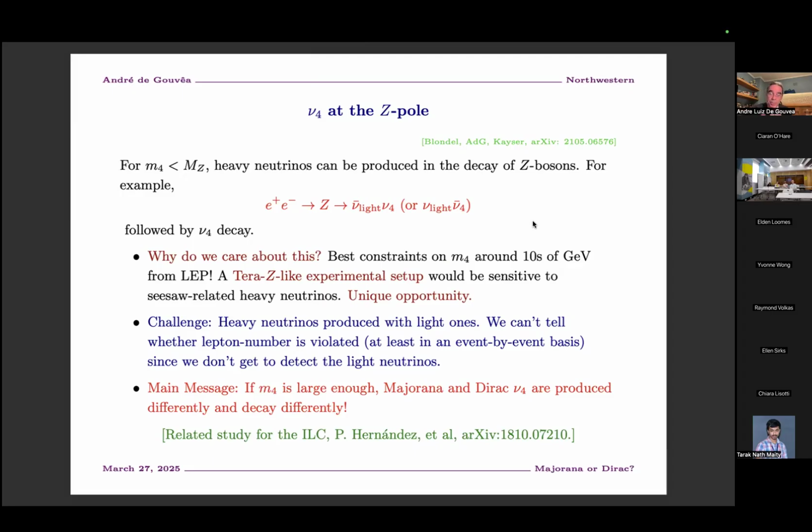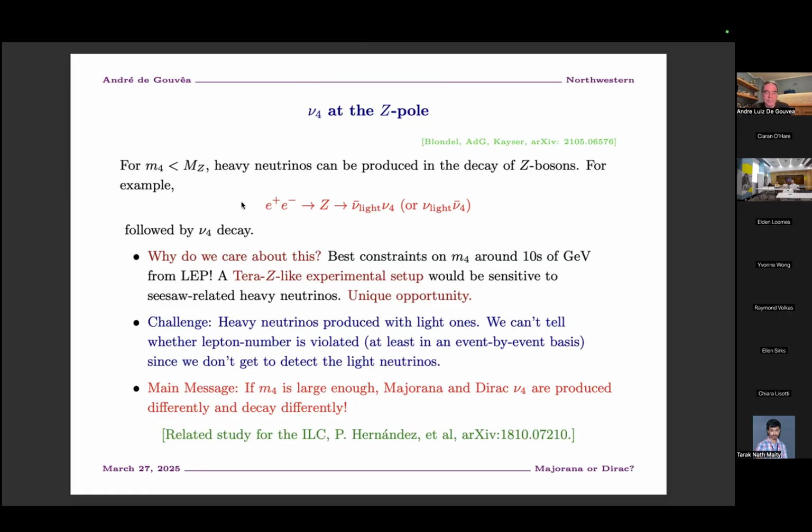So if you did a super LEP, you would probably be very sensitive to these particles living in this 10 to 20 to 30 GeV range. And that's something that people who talk about FCC-ee, they talk about this Tera-Z program. And one of the things you can do with a Tera-Z program is, on top of a whole bunch of electroweak precision measurements, you can look for HNLs.